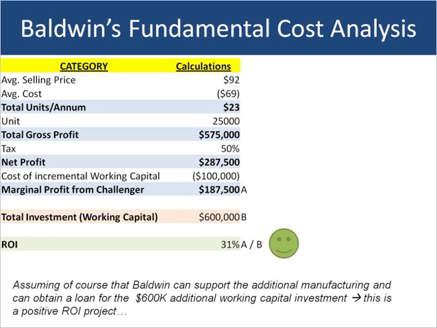$575,000. Assuming the tax rate is still 50%, again they are in a high tax environment, and then take out your incremental cost of working capital, just estimated to be $100,000. Again, that's 13 times whatever the working capital requirement assumptions that you make, and then basically you're generating $187,500 in marginal profit from Challenger on your total investment of $600,000.